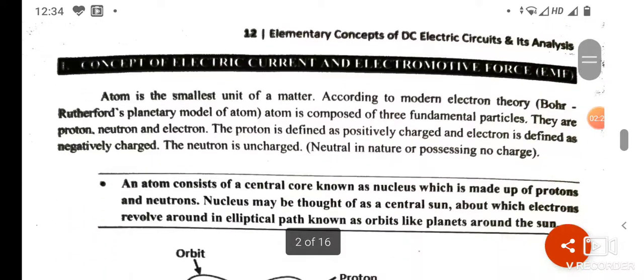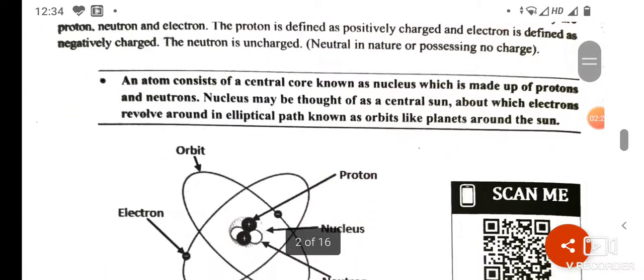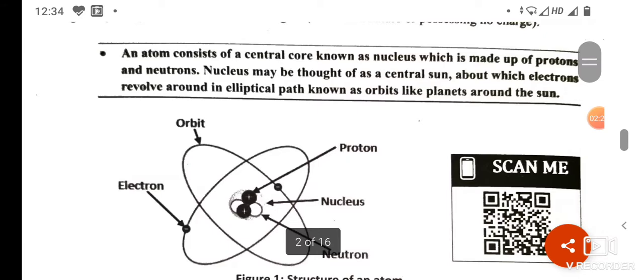So what is the concept of an electric current? According to the Bohr-Rutherford concept, there is a central part called the nucleus, which consists of protons as well as neutrons. Protons have a positive charge, while neutrons have no charge.